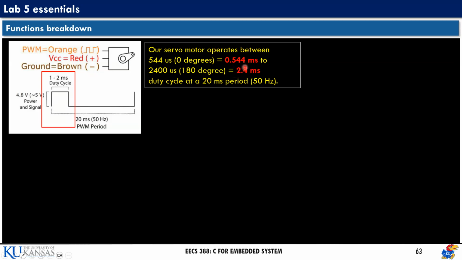If we want to rotate our fan from 0 degree to 180 degree, we have to set our pulse width between these values.